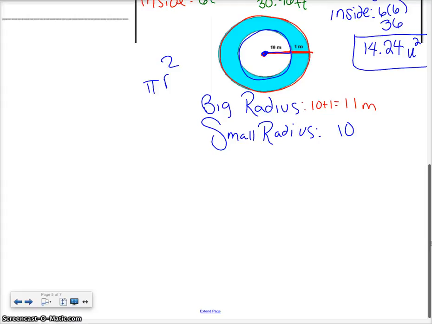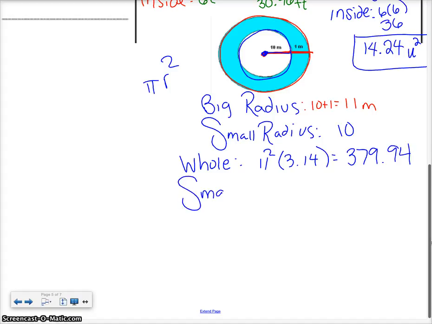Okay? And so now I need my whole area, which is that big circle, which would be 11 squared times 3.14, which is 121 times 3.14 is 379.94. And then I need my small circle, or my inside circle. I should be consistent. I should say inside circle.